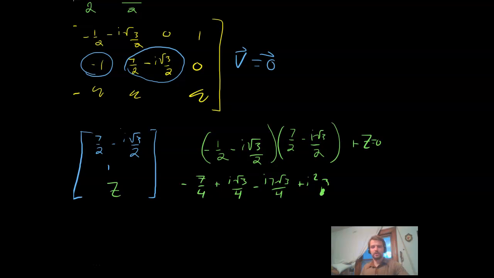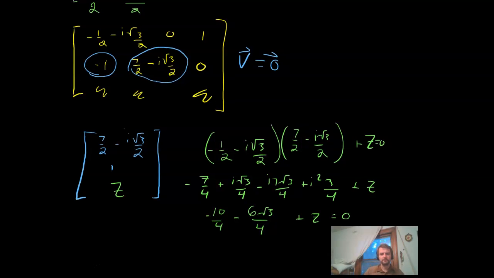Recognizing, of course, that i² turns into -1. So then when I put this all together, i² is -1, so that would be -7 minus 3/4, that would be -10/4, minus a 6√3 over 4, so that's plus z. Plus z is equal to 0.